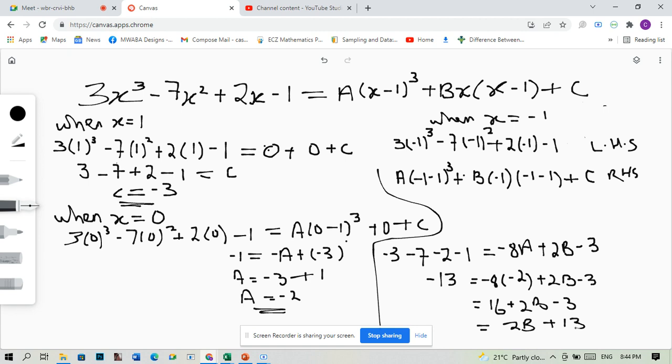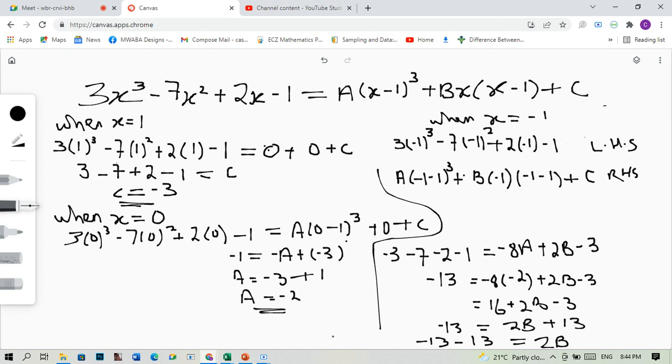Now we take this 13 over to the other side, so we'll have negative 13 minus 13 equals 2b.